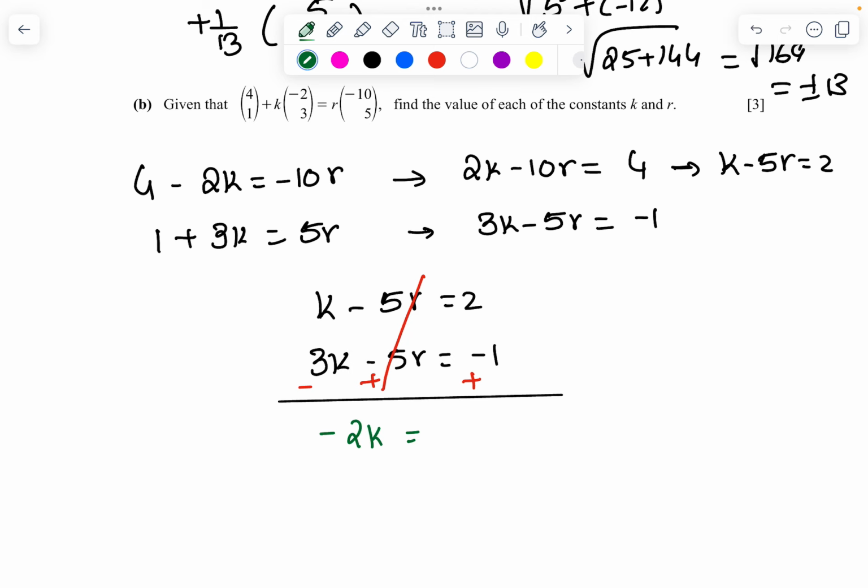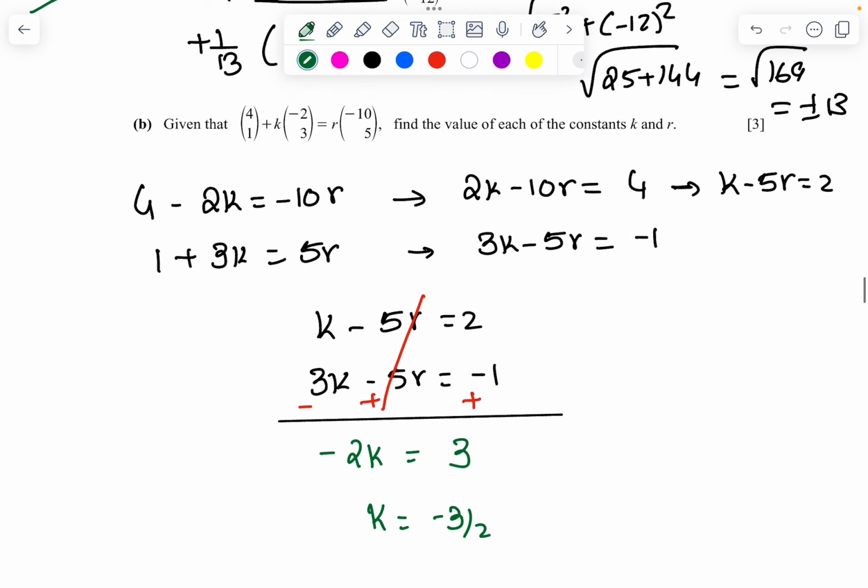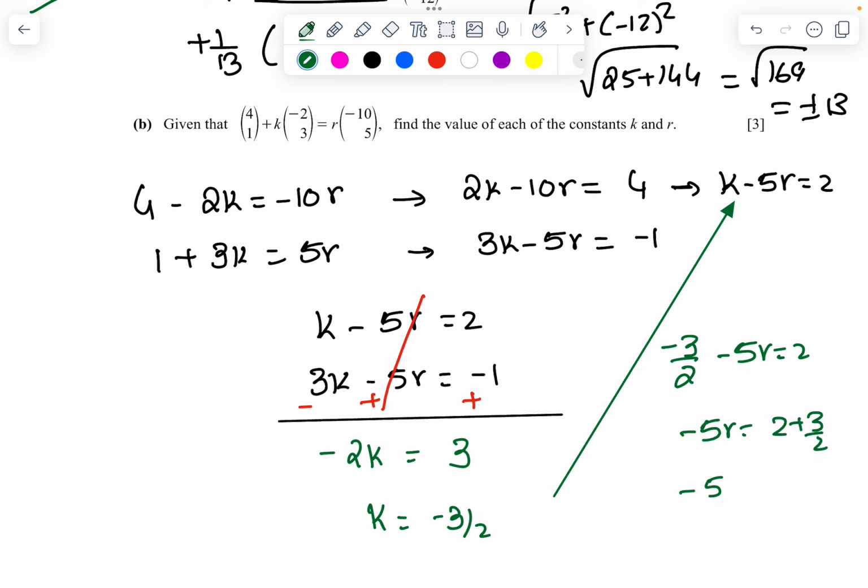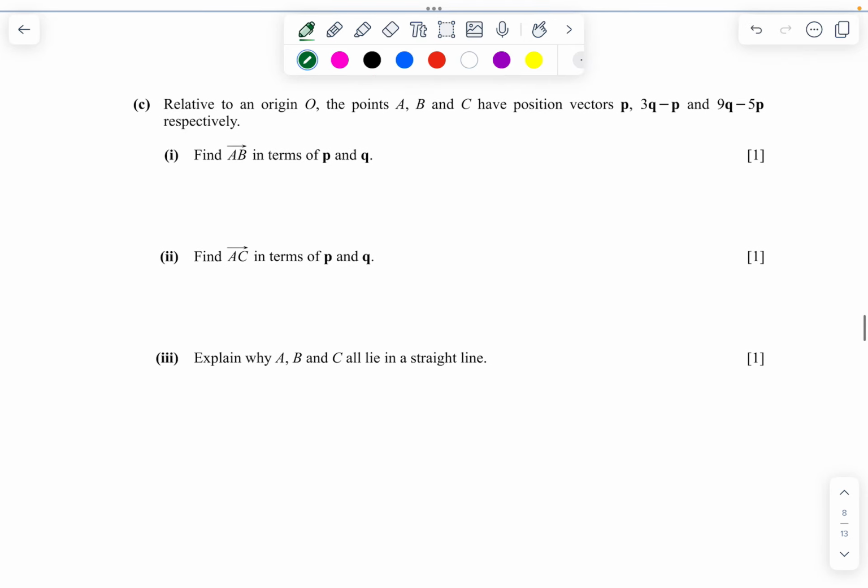Negative 2k equals to 3, k equals to negative 3 by 2. Plug in k equals to negative 3 by 2 over here. You get negative 3 by 2, negative 5r equals to 2, negative 5r equals to 2 plus 3 by 2, negative 5r equals to 7 by 2, r equals to negative 7 upon 10. That's going to be the answer.